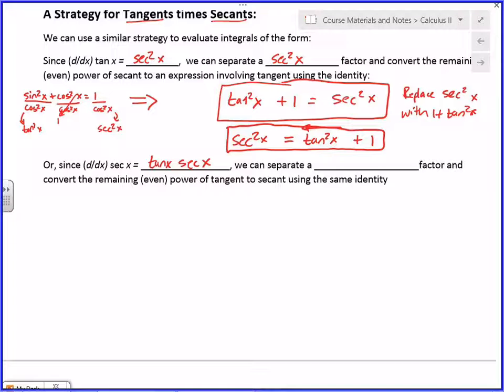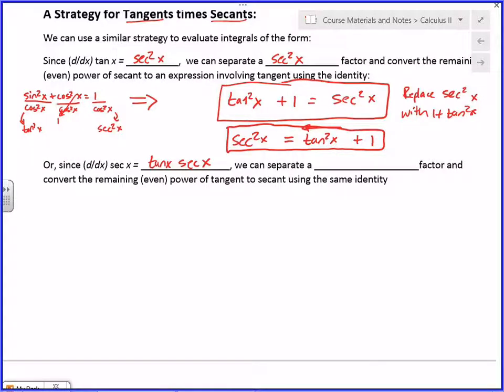So I actually have sine of x over cosine squared of x, which is sine of x over cosine of x times 1 over cosine of x, which is tangent secant. Exactly what we wrote up there.